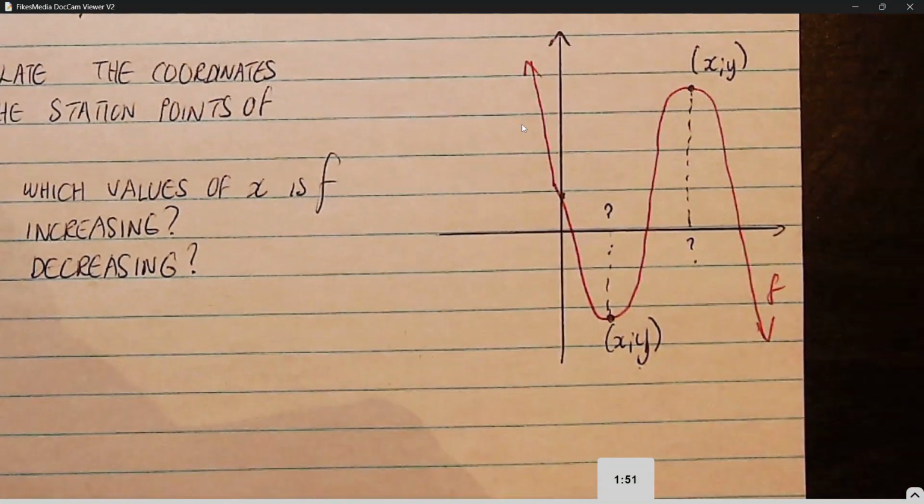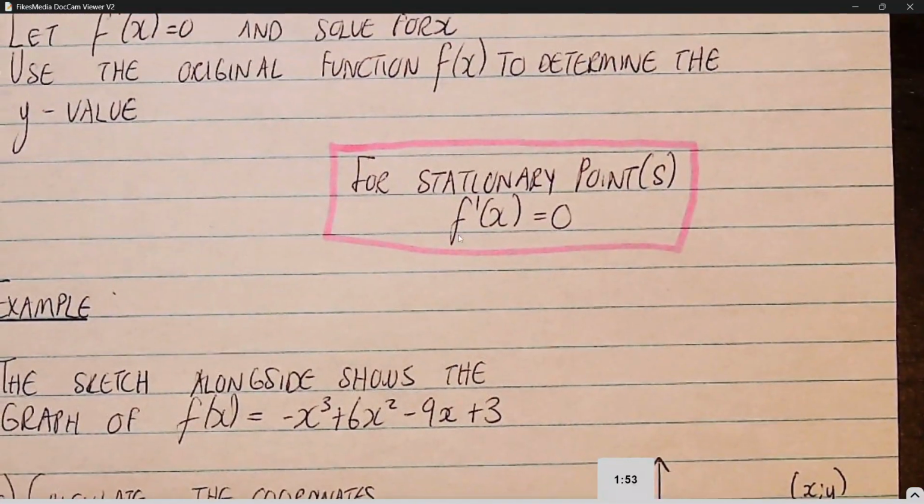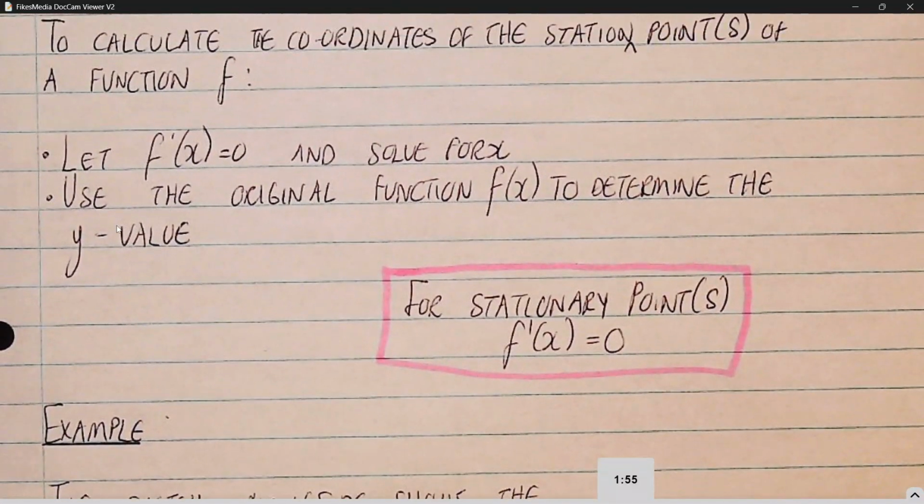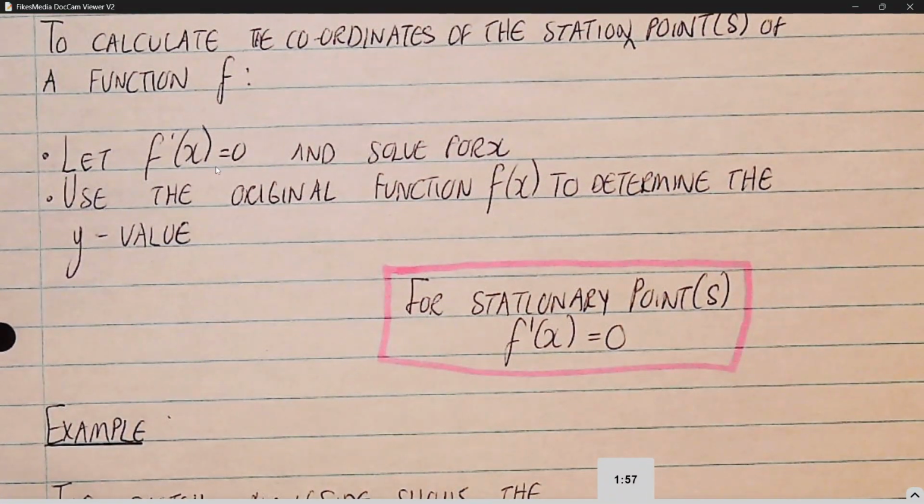Now let's just go through this so I can explain what is happening here. It says that you're going to let the derivative of f be equal to 0 and solve for x, right? And step 2, you have to use the original function f of x to determine the y value, right?